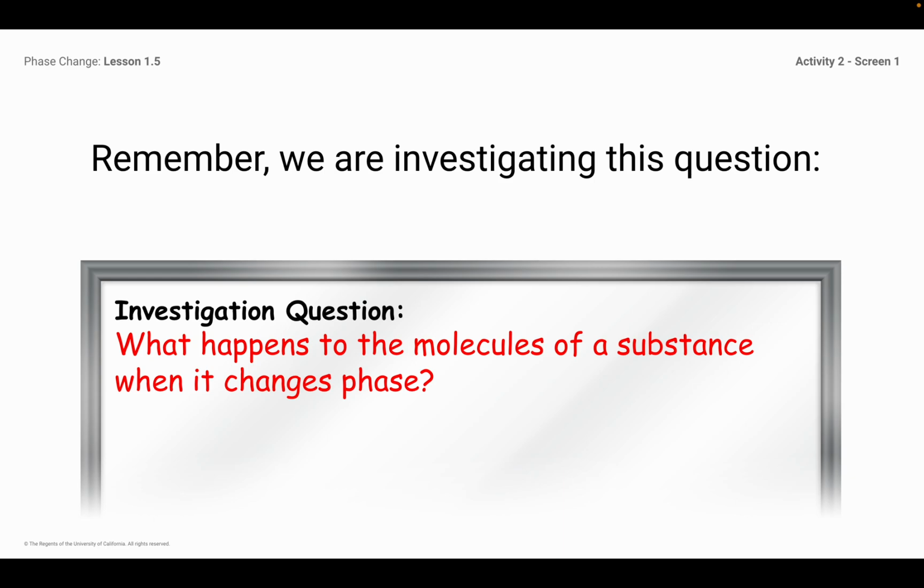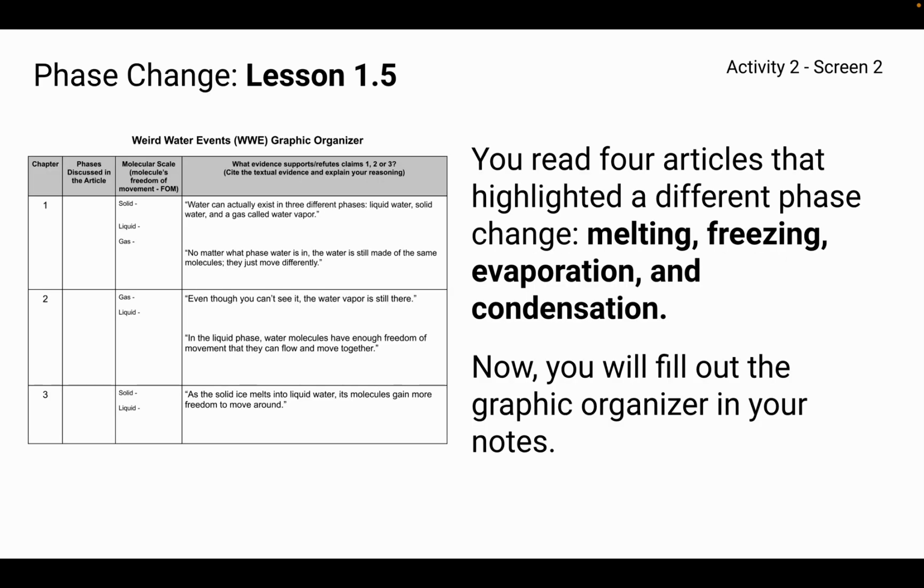It says, what happens to the molecules of a substance when it changes phase? And so we really took a deep dive to read what happens at the 4 different phases: melting, freezing, evaporation, and condensation. So now that you've read and you annotated, you highlighted, you wrote your little notes in the margins, now I want you to fill out the graphic organizer.